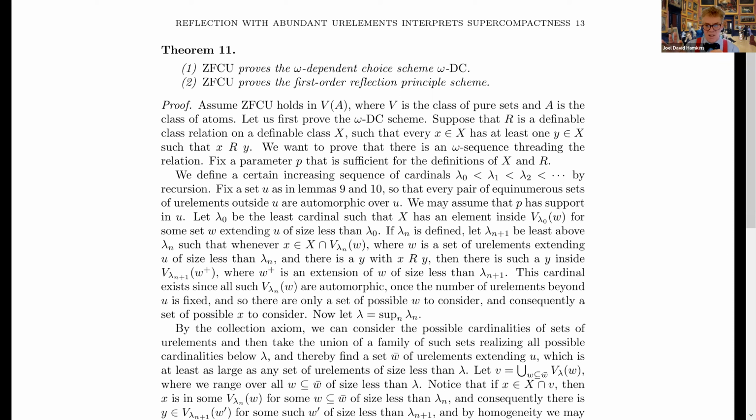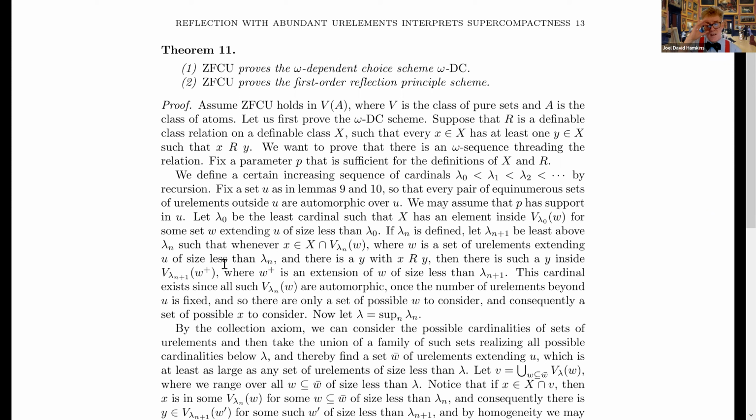And then because of homogeneity, a fixed set of urelements of that size is always going to have a copy of any of the witnesses y. And so we can specify lambda n+1 as a cardinal that's big enough so that you can find y's in a fixed set of urelements of that size, of rank less than lambda n+1.